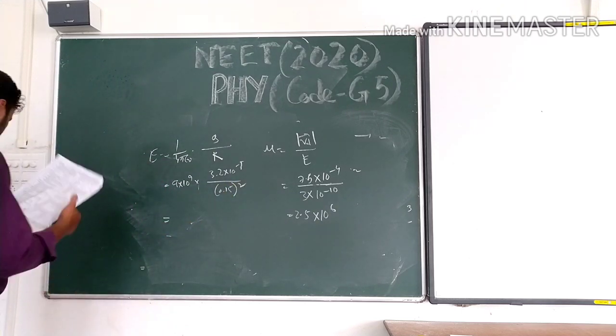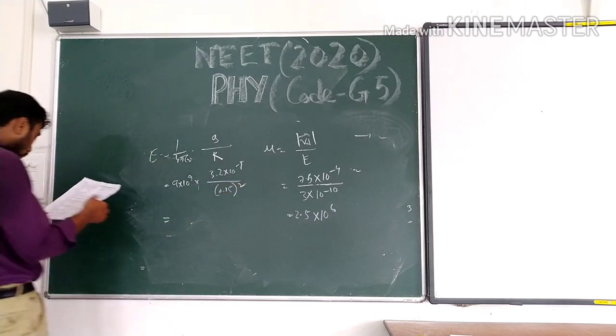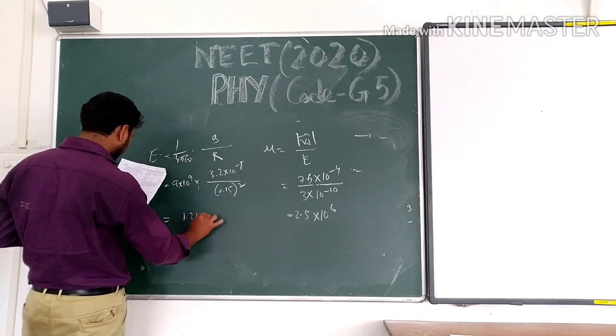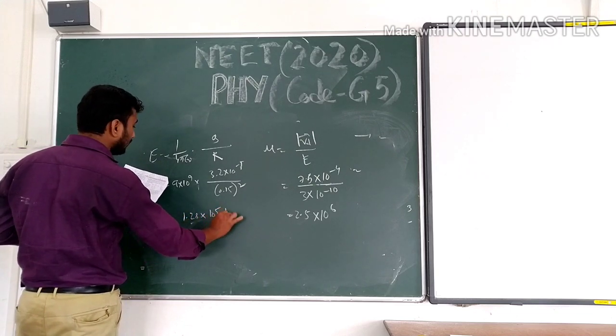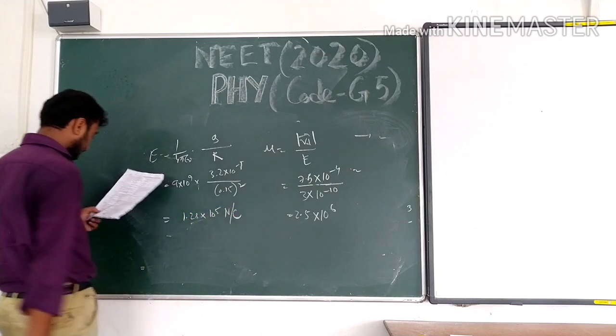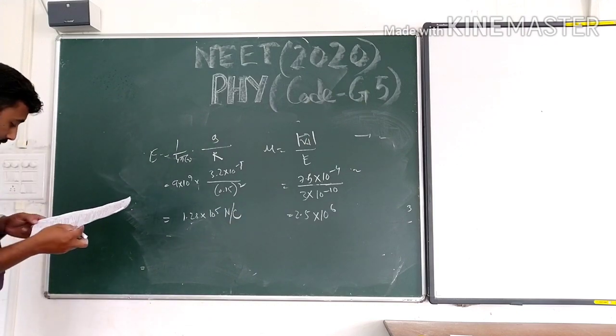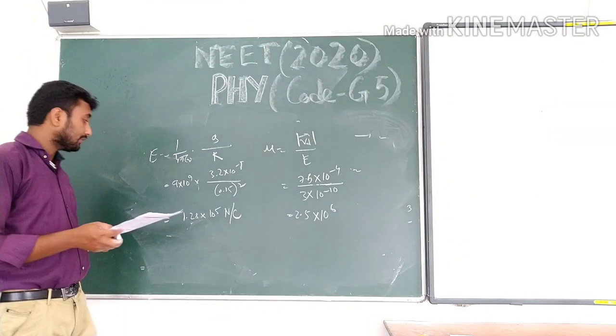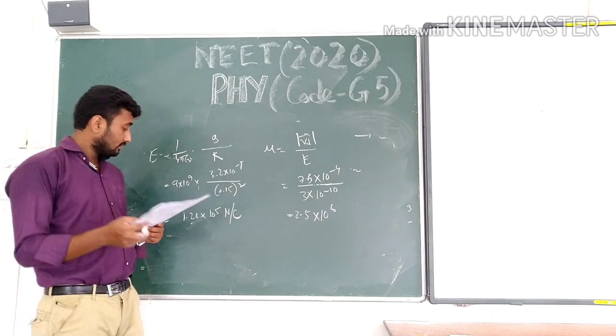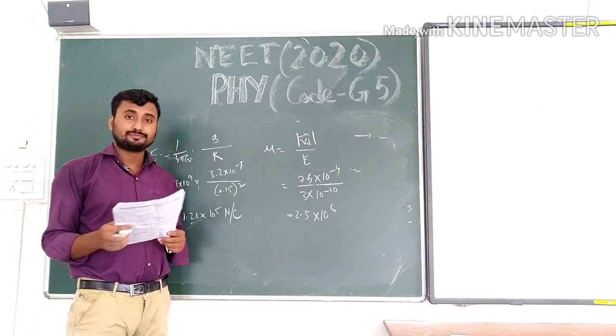After calculation, you get 1.28 into 10 to the power 5 Newton per coulomb.